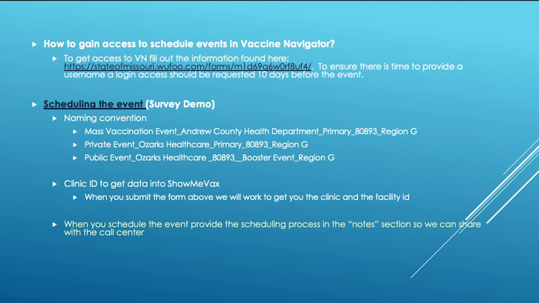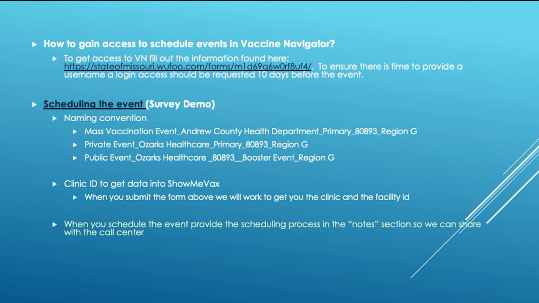If they have any questions about what the event looks like that they want to set up for the initial time, then they would call back the event coordinator or the event host. But that's why that's there, is to kind of get some initial start into how they're going to use Vaccine Navigator, how many people they're going to be vaccinating, if it is a mass vax event with the Hmong.